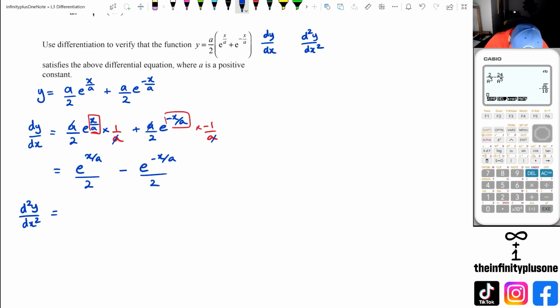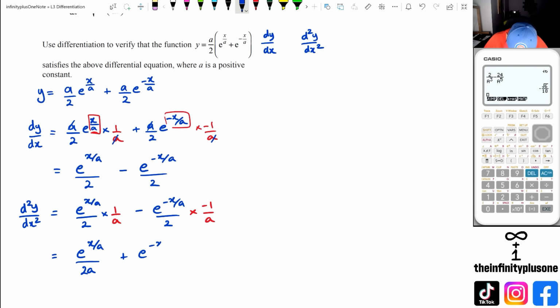We're going to end up with e to the power of x over a over 2 multiplied by the differentiation of the power, which happens to be 1 over a. Then we've got minus e to the power of negative x over a over 2 multiplied by negative 1 over a. So here we're going to get e to the power of x over a over 2a plus e to the power of negative x over a over 2a.